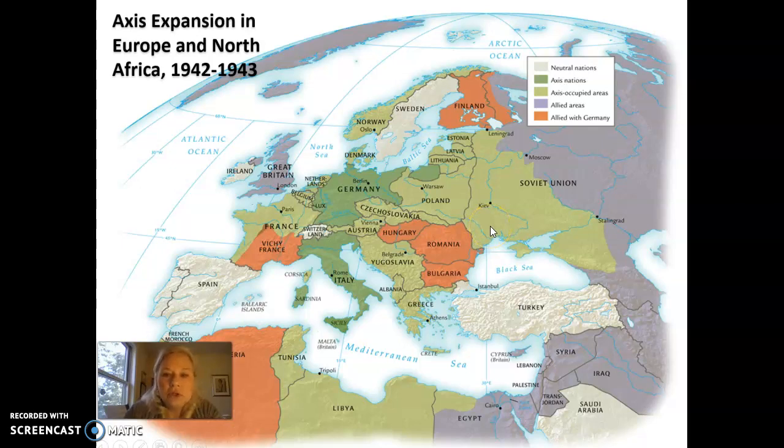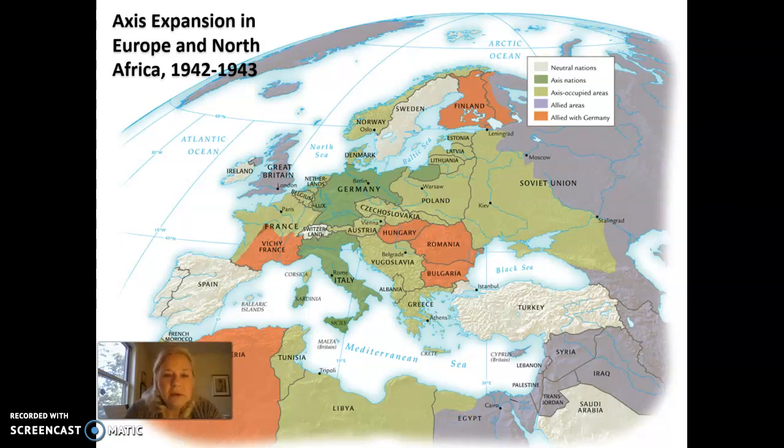You can see the orange is allied with Germany. So really all that we have left of the allies in Europe is Great Britain. And then we have, of course, this part of Russia and down here into Iraq, Syria, Egypt, etc.